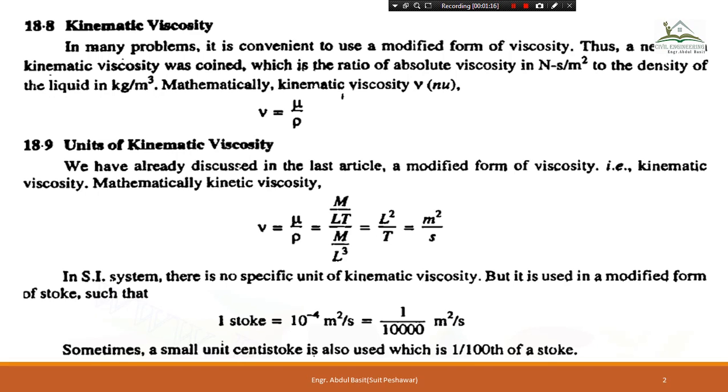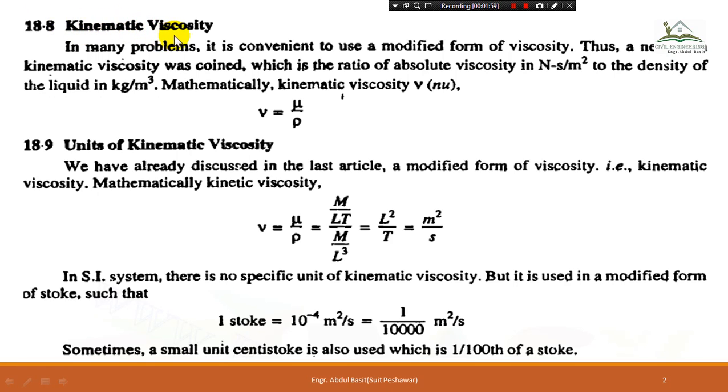Viscosity shouldn't be confused with density, because some liquids may have a greater viscosity but lesser density, and some may have greater viscosity and greater density as well. Viscosity and density may not be related to each other; they may be directly proportional or inversely proportional.